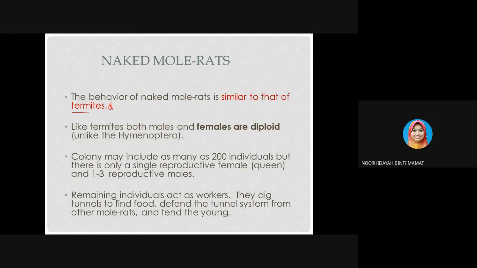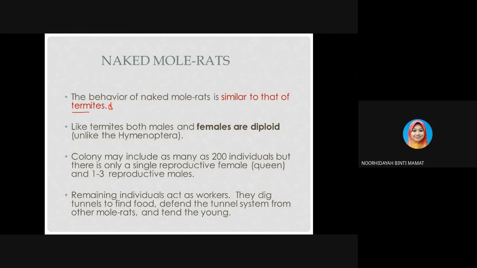The colony of mole rats may include as many as 200 individuals, but there is only a single reproductive female and only 1 to 3 reproductive males. The rest are not reproductive. The remaining individuals act as workers, and they dig tunnels to find food.